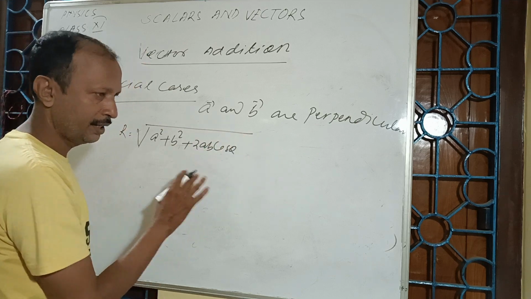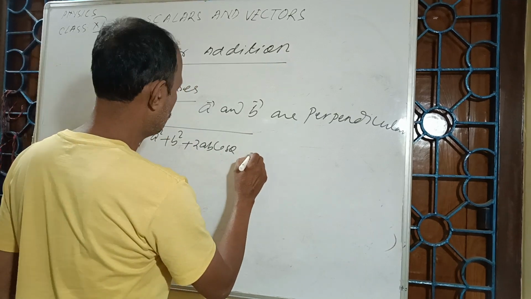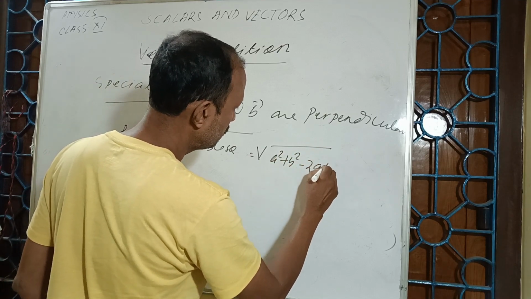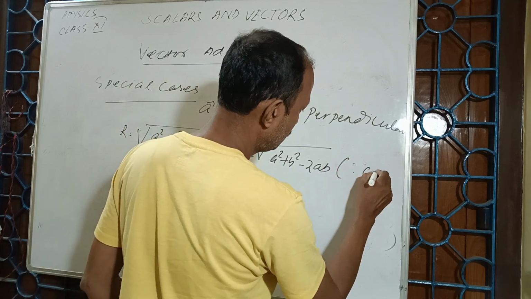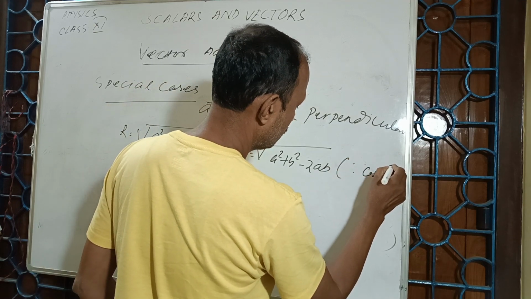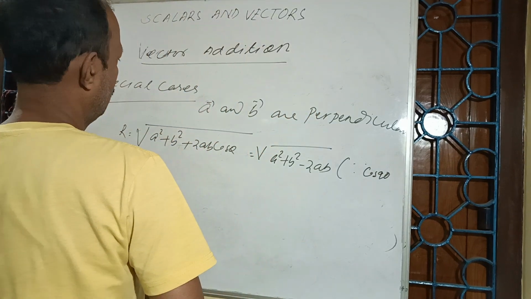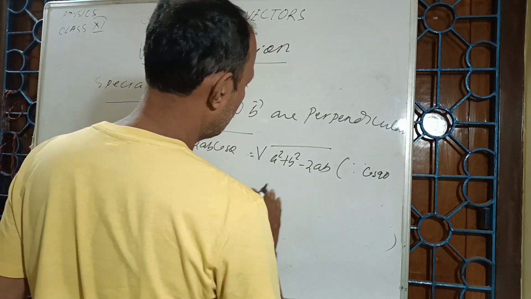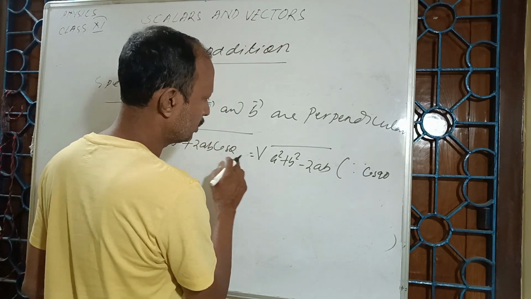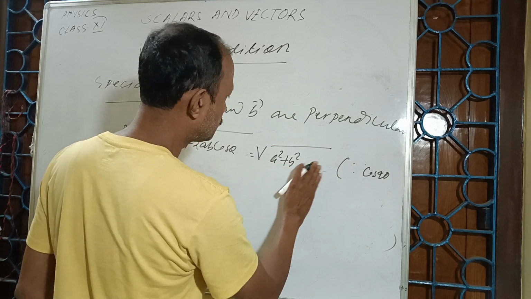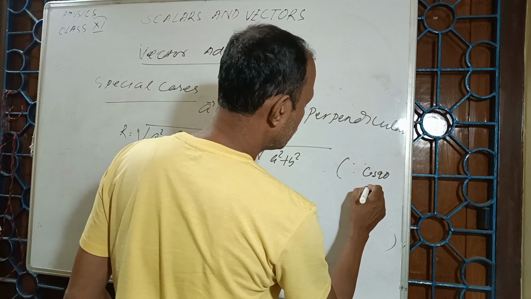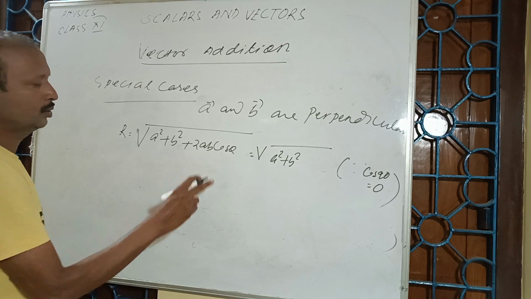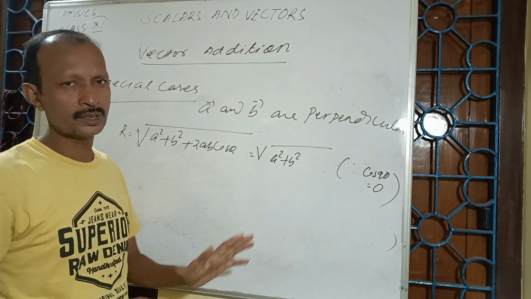That means cos 90 degree is equal to 0. So R squared is equal to A square plus B square, since A and B are perpendicular. So I can write that R is equal to square root of A square plus B square.